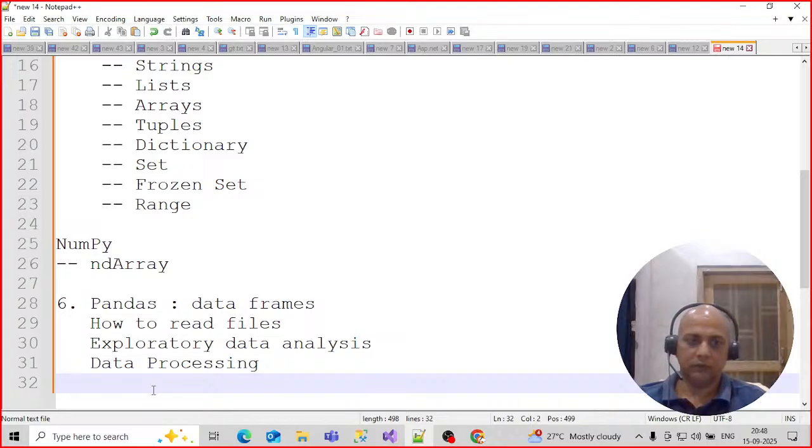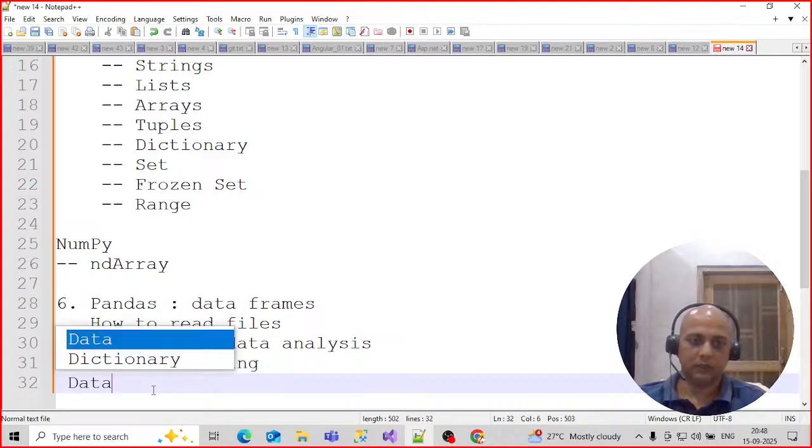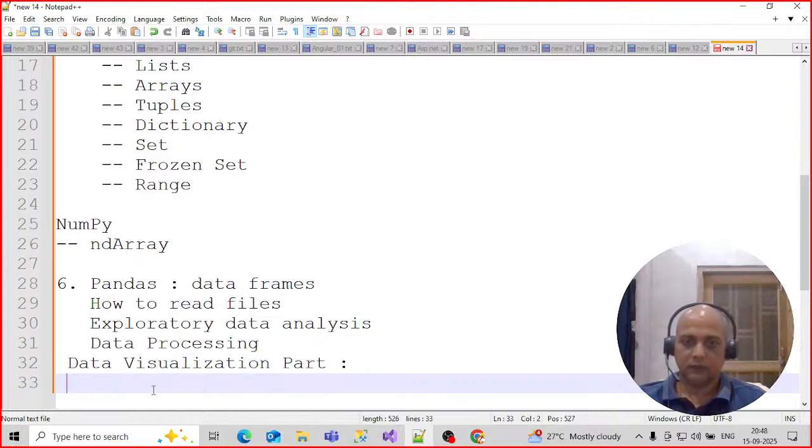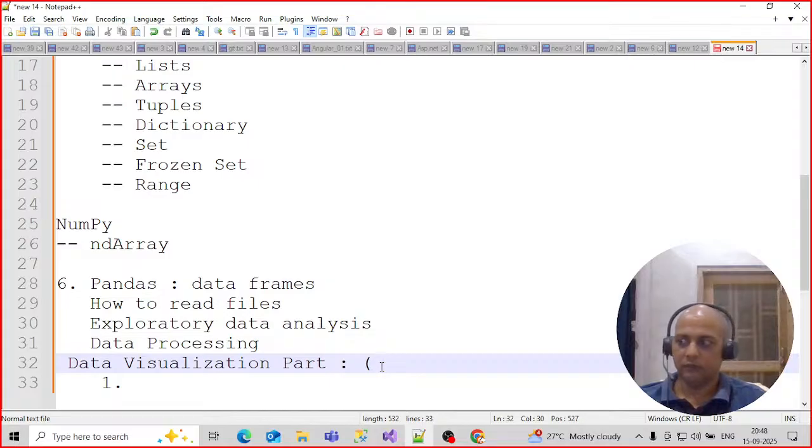After that we will go to the data visualization part. Here we have different visualization techniques, and we will be using libraries like Matplotlib and Seaborn. There are many libraries, but the most famous are Matplotlib and Seaborn.